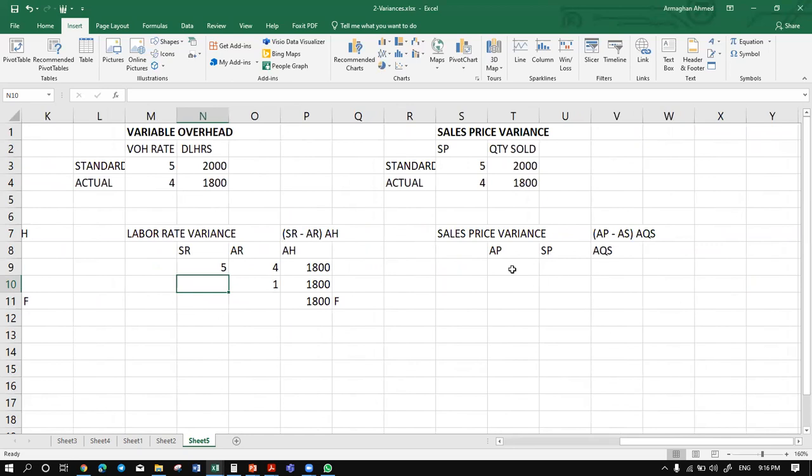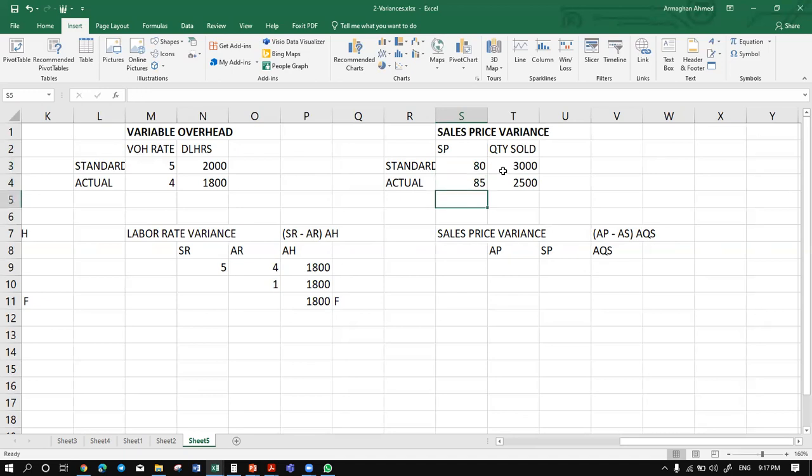So here we discussed actual price minus standard price into actual quantity. Let me change the quantities. Say the number of quantities sold is 3000 here, and here we have 2500. And let's say the standard rate is 80 and the actual rate is 85.